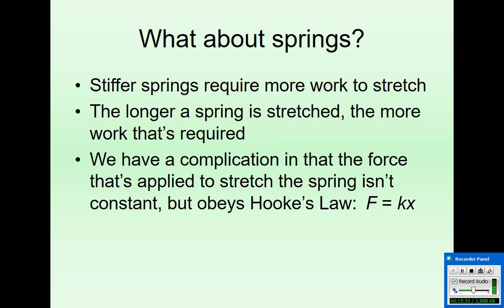If I stretch a spring a distance x, then there is a force trying to pull things back, and that force is equal to kx, where k is a property of the spring in question. Very stiff springs have a large value of k. Very easily stretched springs have a small value of k, and k is called the spring constant.